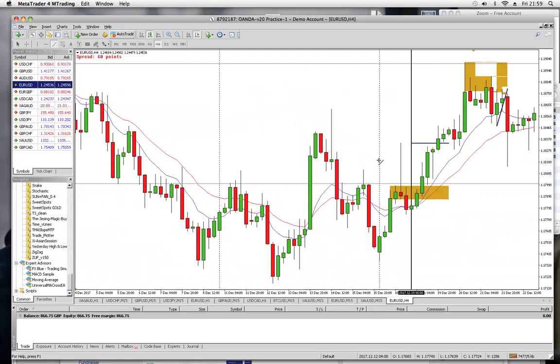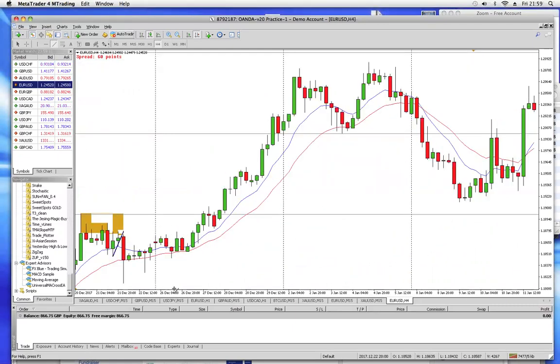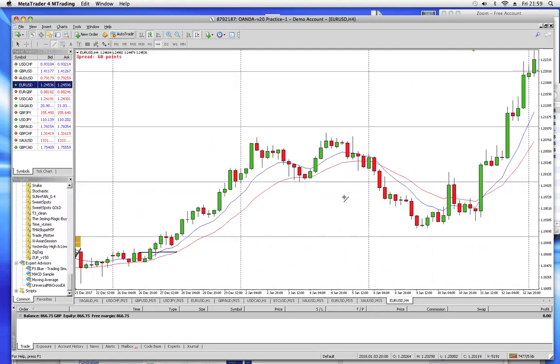So we can choose one from here. Choose this one here. No, I won't, because it won't go back in data that far. Choose this one.